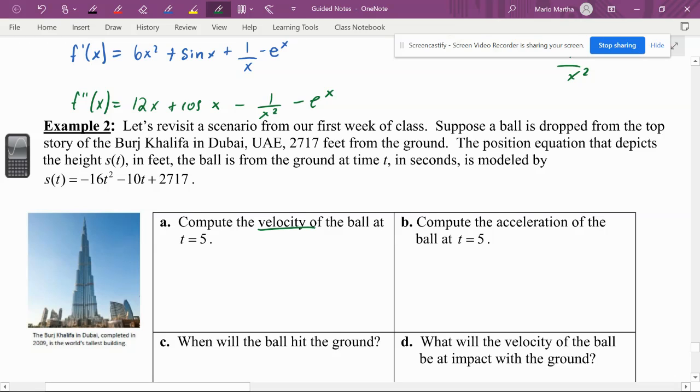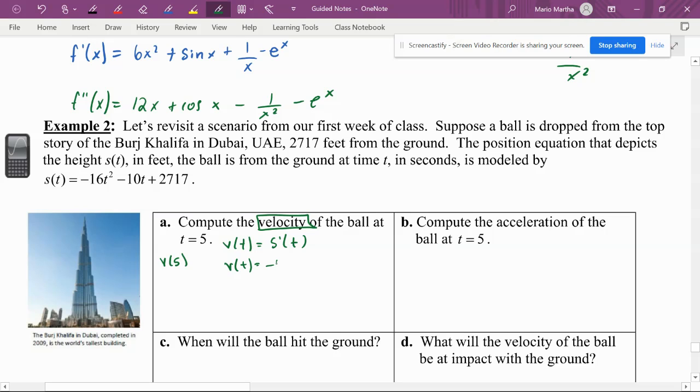So velocity, that means we're looking for v of 5. And to find v of 5, first I have to find v of t, which would be just the derivative of that. So here we find the derivative of s of t, the position function, which would be v of t.